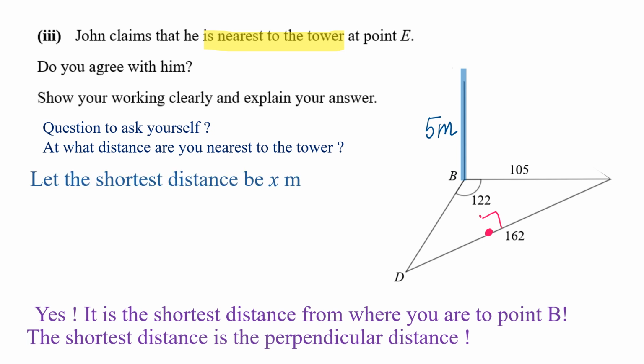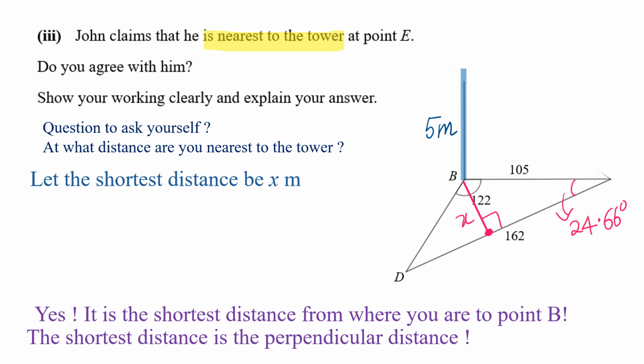Right. And what we're going to do is let the shortest distance be x meters. Yep, that is your shortest distance. And we're going to find the value of x. Now, in the earlier parts, we've already found this angle to be 24.66.